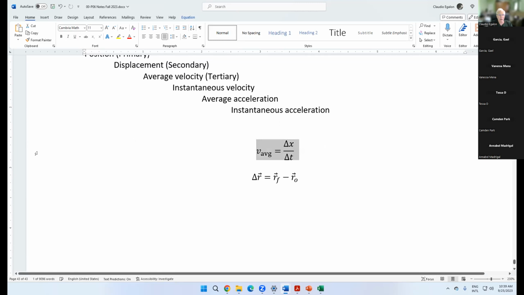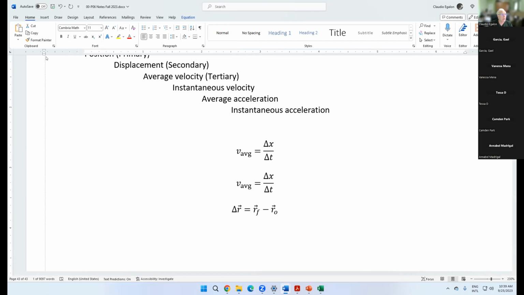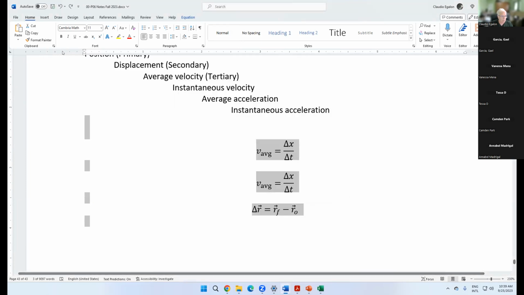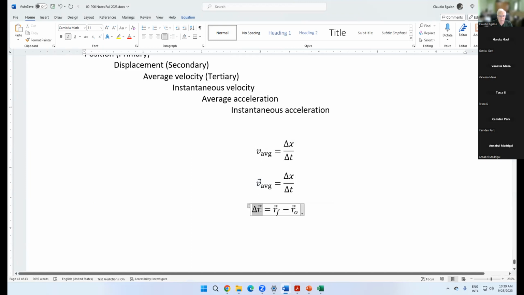Now my average velocity vector is going to be defined as my delta R over delta t.